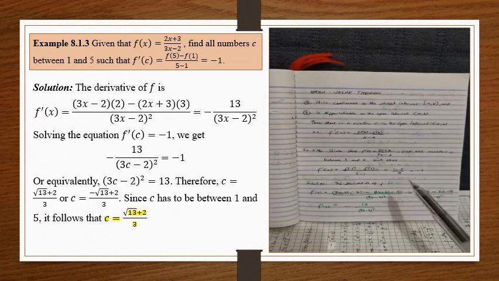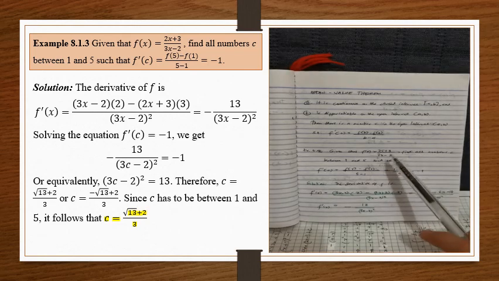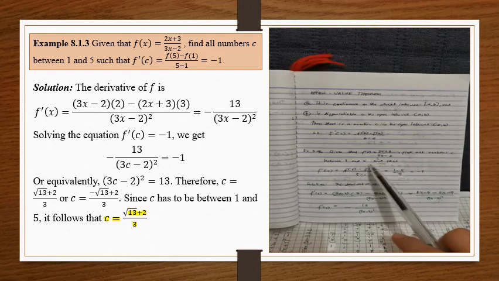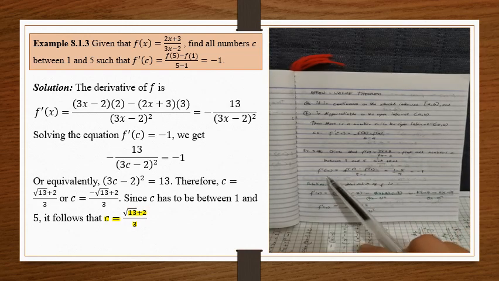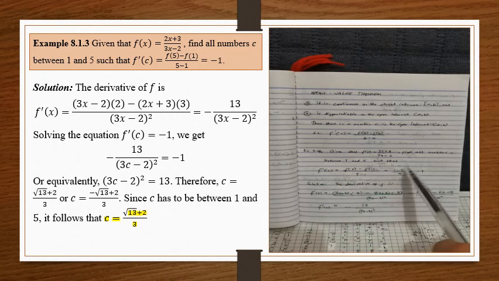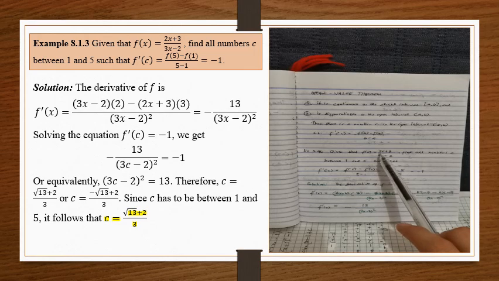For example, given that f of x is equal to 2x plus 3 divided by 3x minus 2, find all numbers c between 1 and 5 such that f prime of c is equal to f of 5 minus f of 1 over 5 minus 1, which is equal to 1 minus 5 over 4, which is equal to negative 1. So, that means our given is the function f of x.